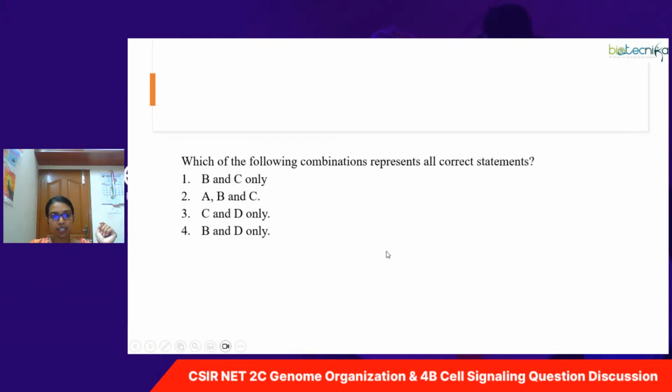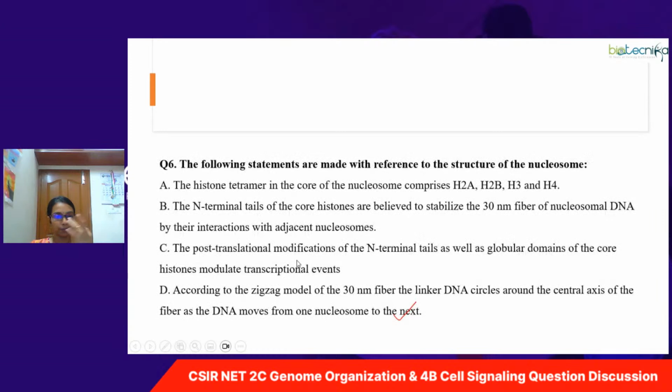For your convenience, these are the options provided to you: B and C, ABC, C and D, B and D. Okay, easy to remember these options. Find out.